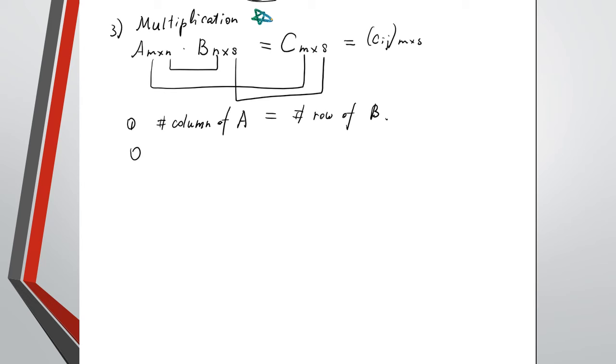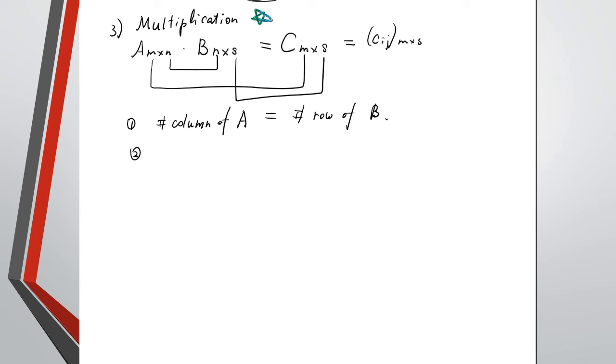Okay, the second keyword is, for each C element, we understand what a C matrix product looks like. It has m rows and s columns, but how can we calculate each element c_ij? Okay, this is very time consuming, and it is very easy for you to make a mistake.